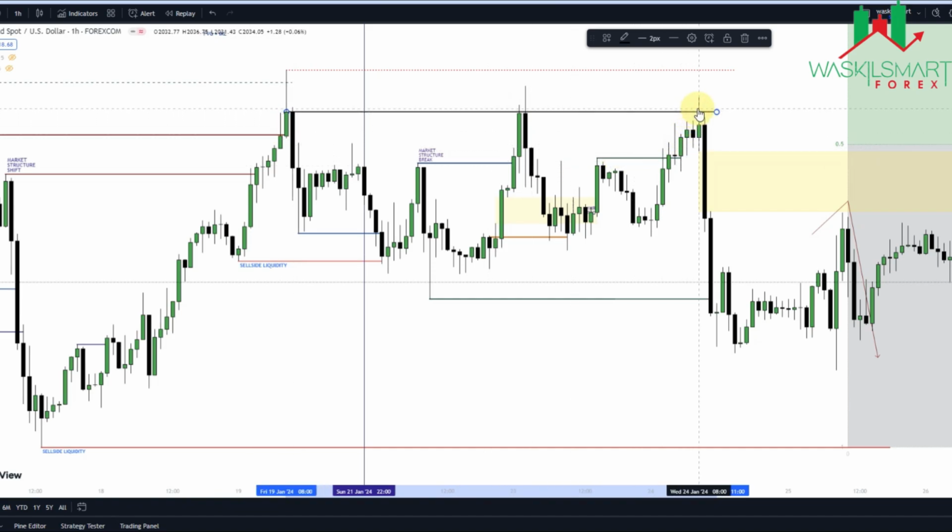That is why I put my take profit at this zone, so that at least the market is going to come back and retrace to the supply zone. Do you understand? So that's why I put my take profit at that place.